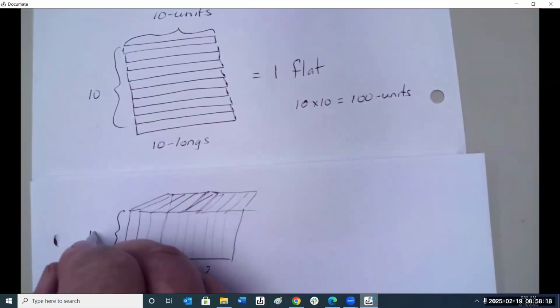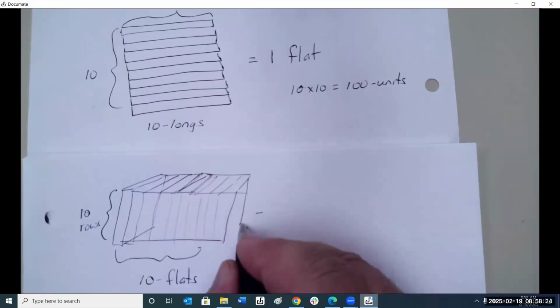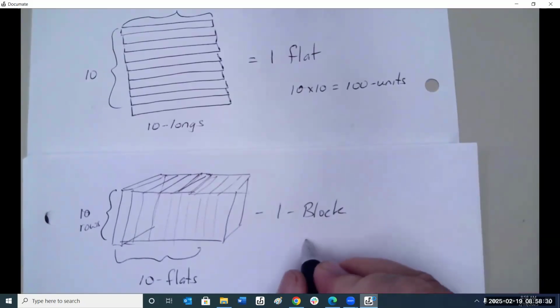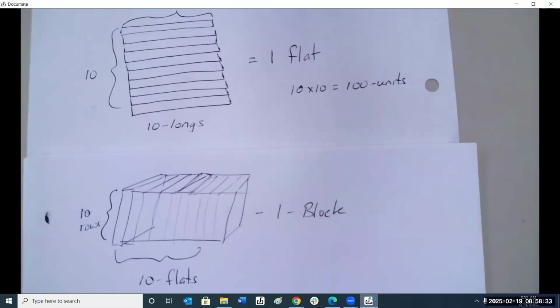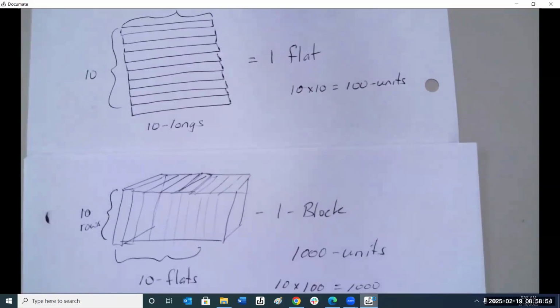Each flat has 10 rows. This equals 1 block. How many single units are in there? 1,000. Because we have 10 times 100, because each of these flats has 100 units in it.